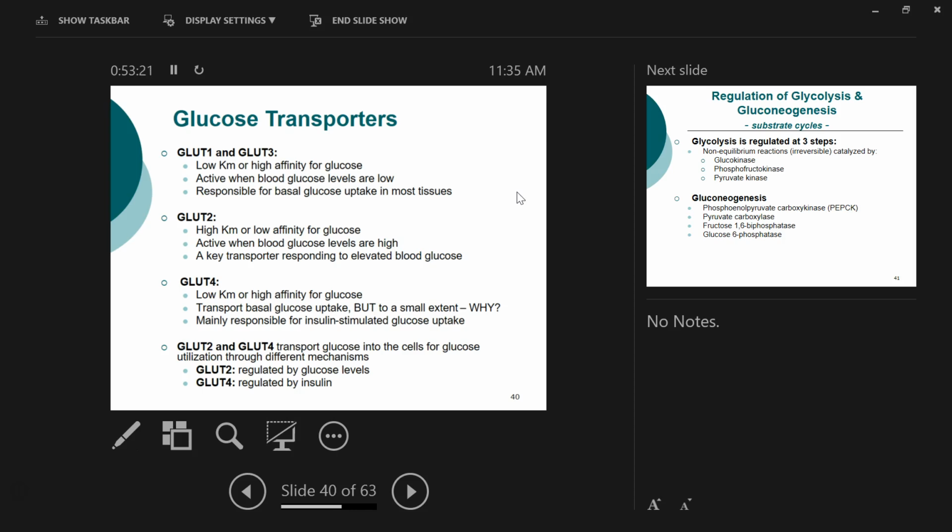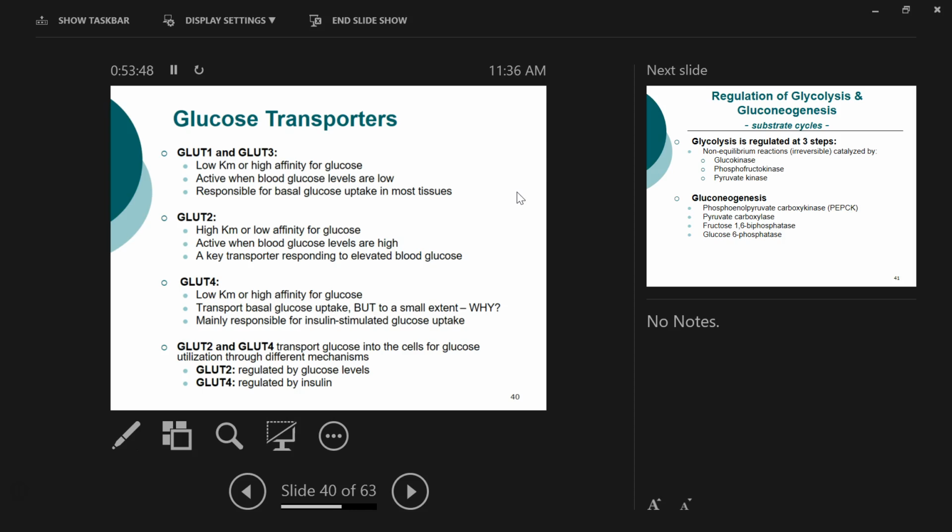So now let's talk about the specific glucose transporters and their Km and affinity, which can help us understand better how a glucose transporter regulates glucose uptake, for example during fasting.